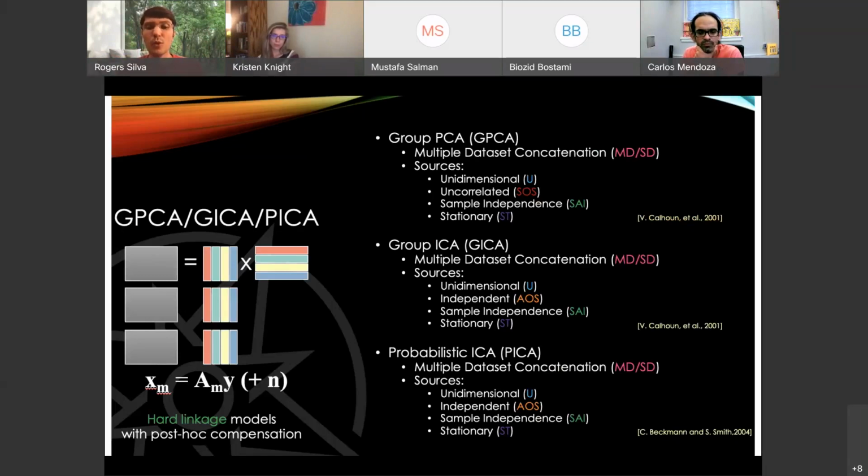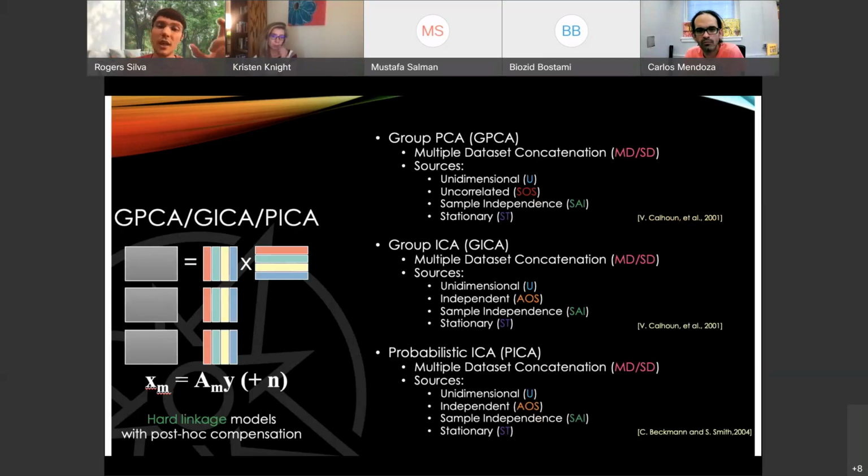What is common is to apply subject level PCA as pre-processing. So you take the data from a single subject and reduce the time series from, I don't know, 200 time points or 100 time points down to, say, 50.